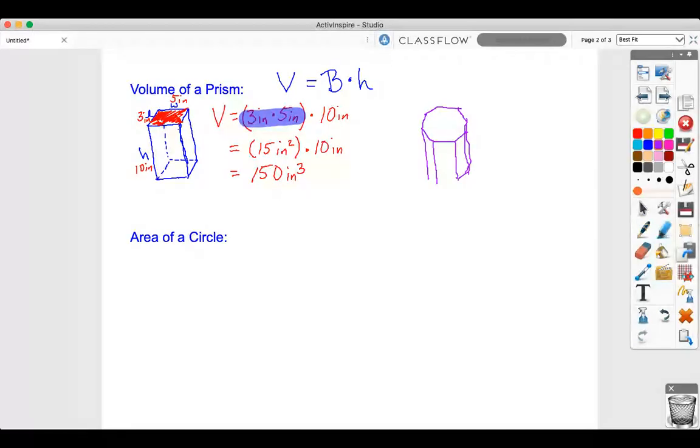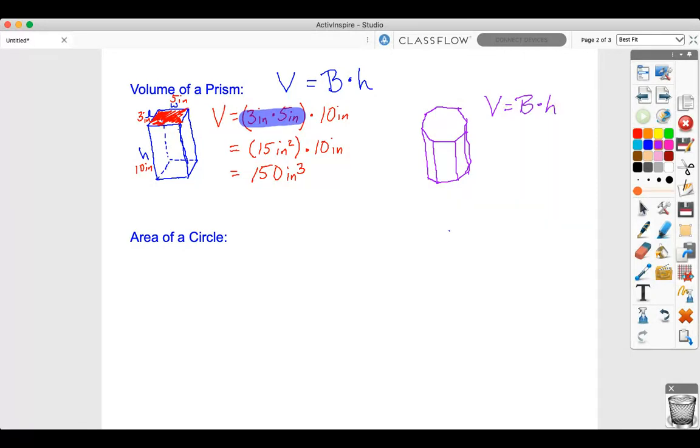Besides looking like a jellyfish, it's an octagonal prism. So it looks like a stop sign. Like if you had a stack of stop signs, that's what this would look like. Okay, and so again, we would look at the volume as area of the base times the height.